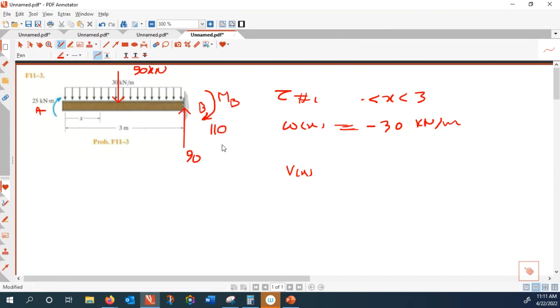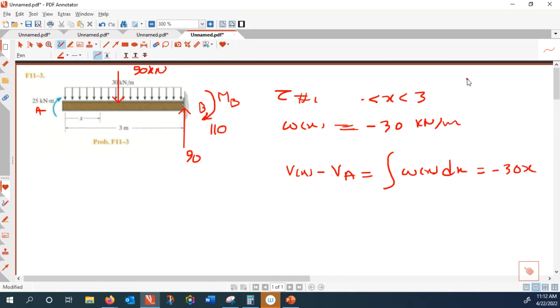V of x means shear at the distance of x measured from the left-hand side, minus V of a is equal to integral of W of x dx, and that is minus 30x, correct?